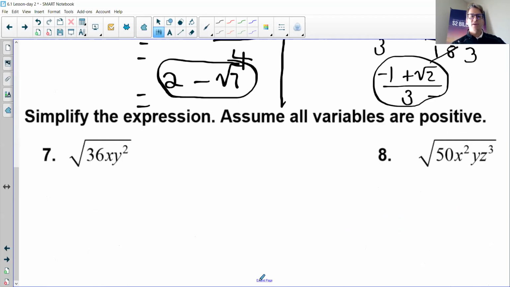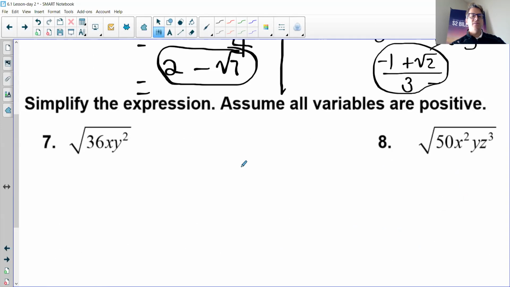All right, lastly on this page is number 7. If you had to break this out, you would have the square root of 36, which is 6, times the square root of x, times the square root of y squared.